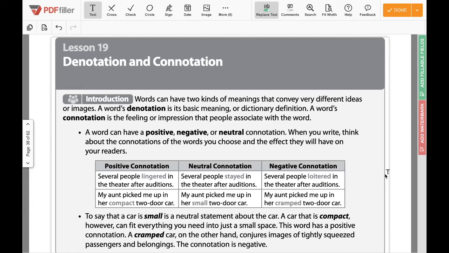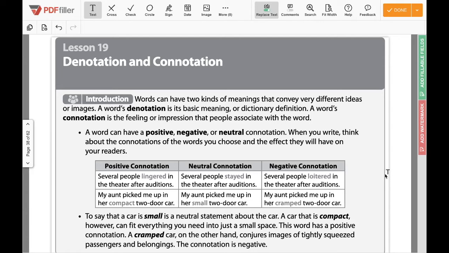And then a word's connotation is the feeling or impression that people associate with the word. So a connotation is whether the word is viewed positively, negatively, or neutral. And positive would obviously be good, negative would be not good, and neutral would just be like there's not really a good or a bad feeling associated with it.